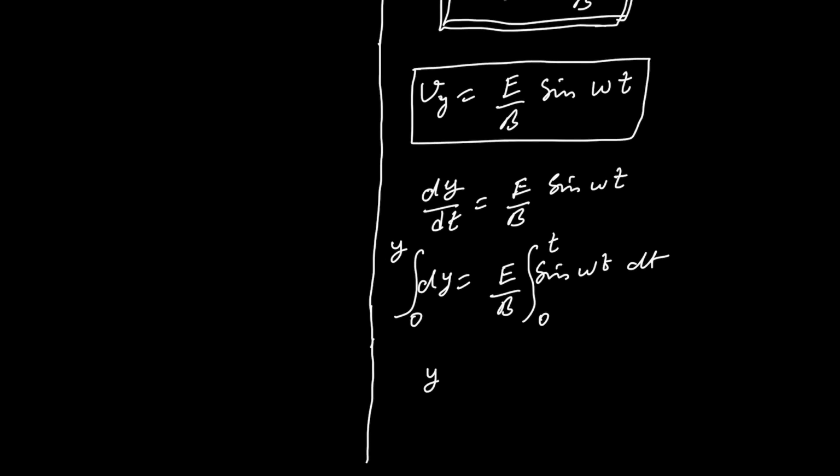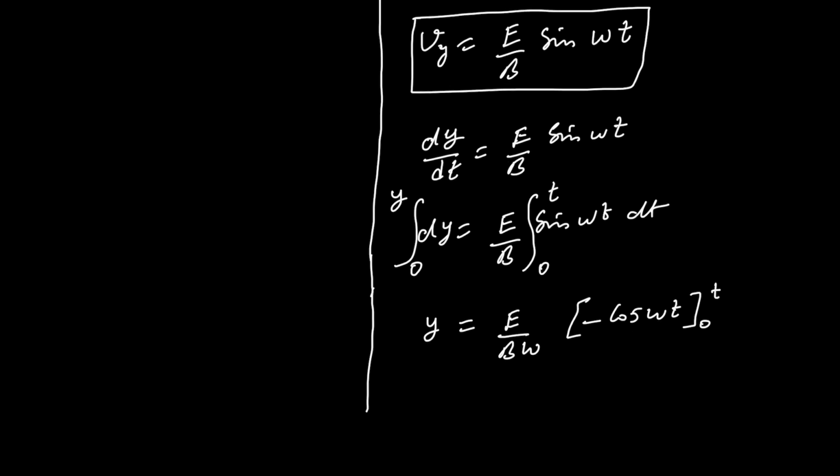On integrating, we will get y is equal to E by B omega and minus cos omega t. This is the integration. Now keeping limits, what we will get is E by B omega, 1 minus cos omega t.